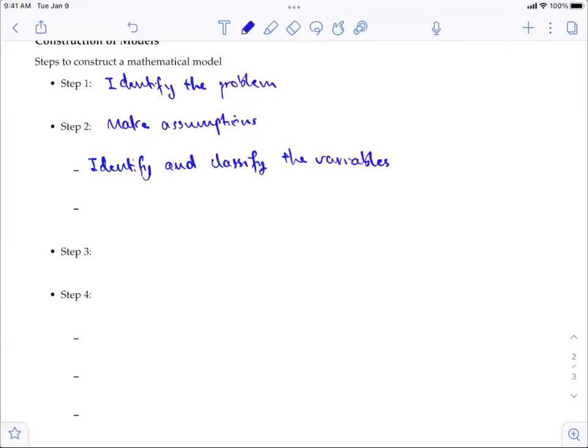What I mean by that is you need to ask the question: what things influence the behavior of the problem identified in step one? There are many variables. The variable that the model seeks to explain, we list as the dependent variable, and the others you classify as independent variables, or neither.